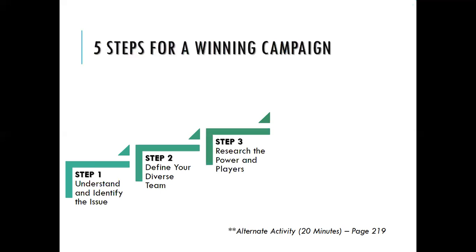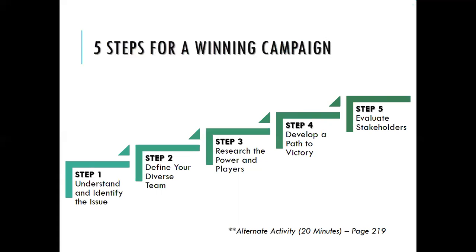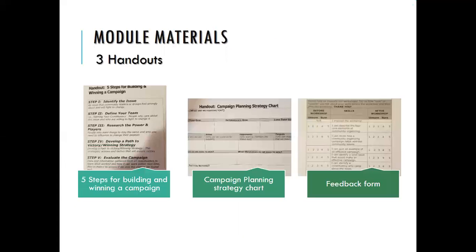Those people on both sides of change, those that don't want to change and those that have the influence to help us make change. Step 4 is around developing that path to victory, developing the plan that's going to get us where we need to go. And step 5 is the follow-up step where we evaluate the work that we've done, what went well and what could be better. Always important.